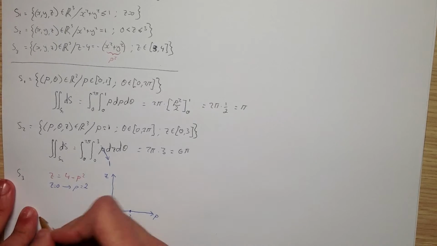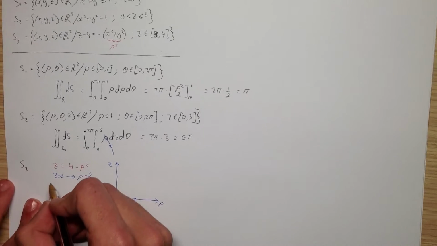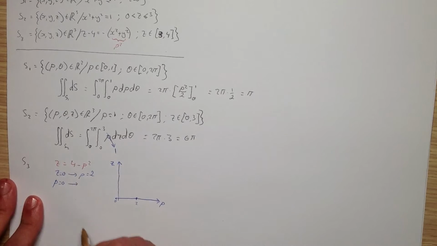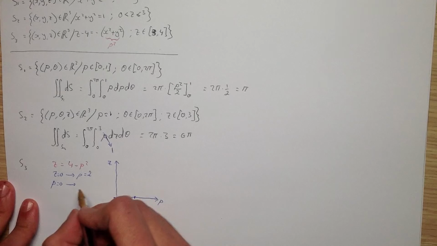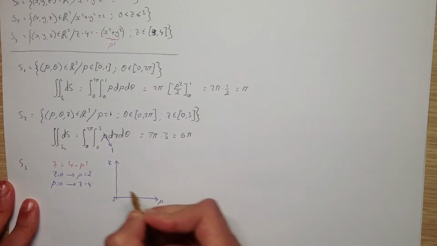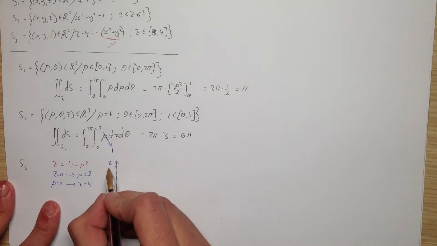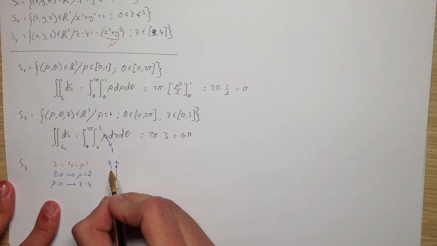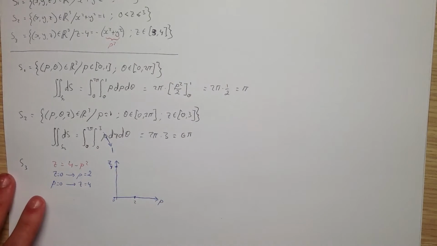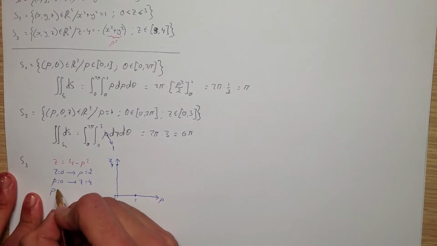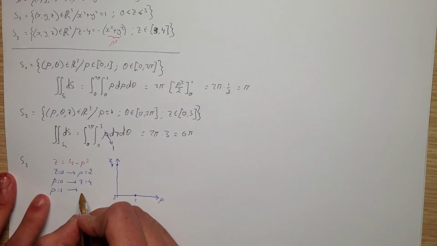Another point. When, let's see, rho equals 0, what is Z? Z equals 4. So rho 0 and Z 4. This is our other point. And let's take one more value, like when rho equals 1, what will Z be?